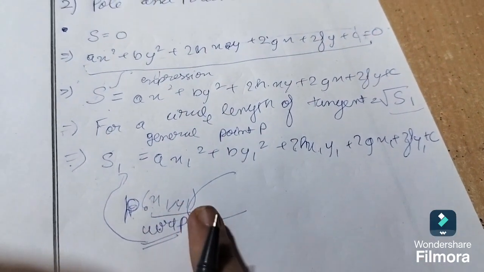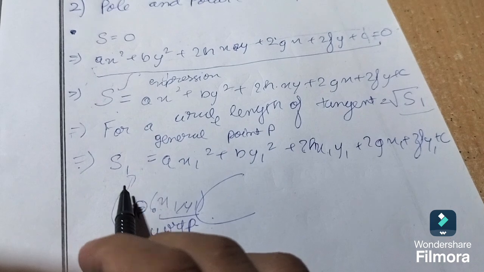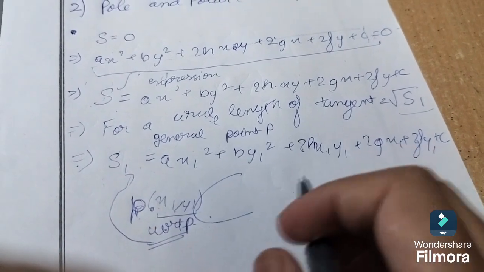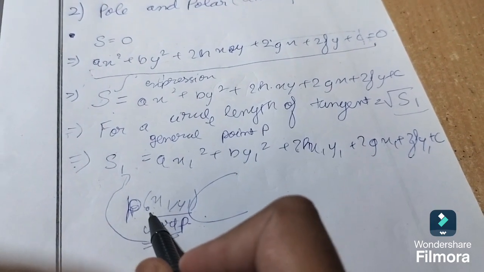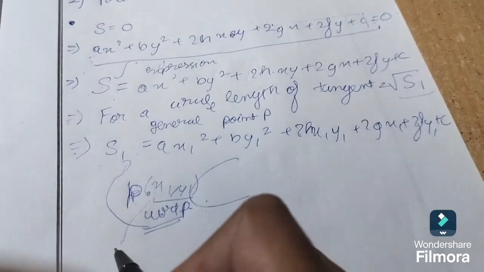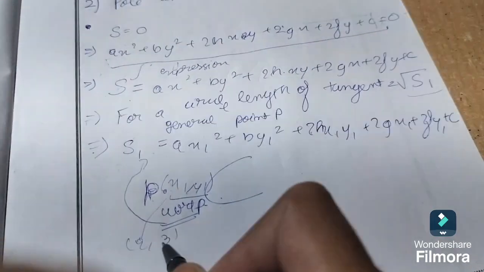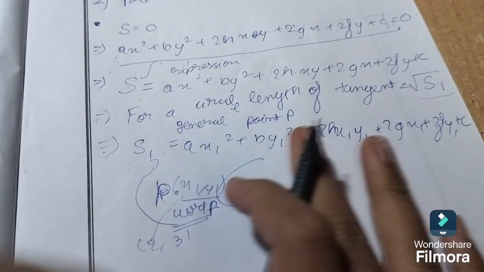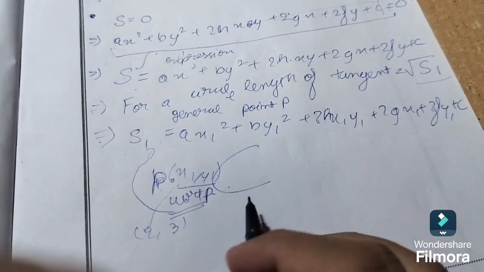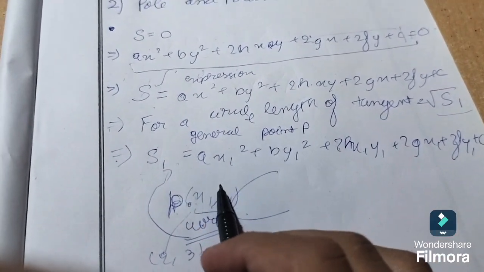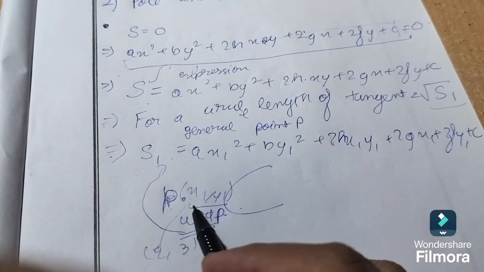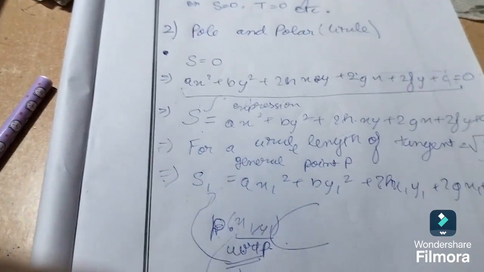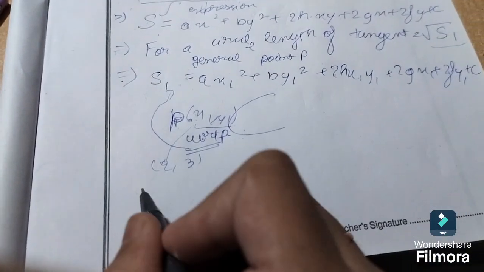This is S1. x1 y1 could be anything, like 2, 3, any values. With respect to that, you put these coordinates in this equation respectively. Now this will give you S1.